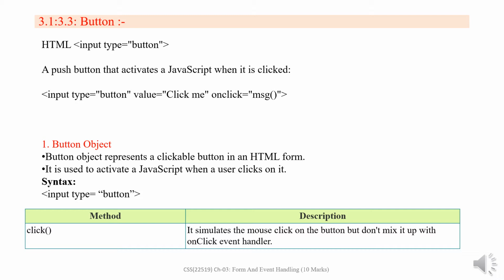Syntax for this button is input type is equal to button, and the method for this button is click. The use of this click function is that it simulates the mouse click on the button, but don't mix it up with the onclick event handler.